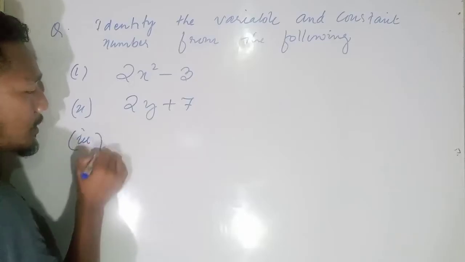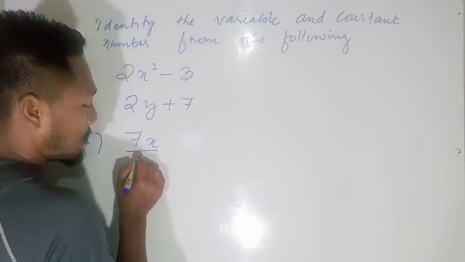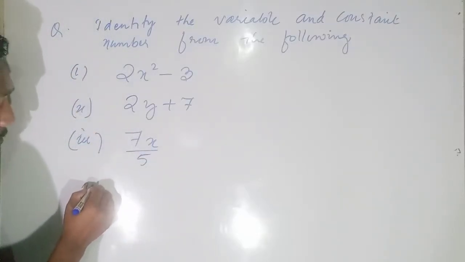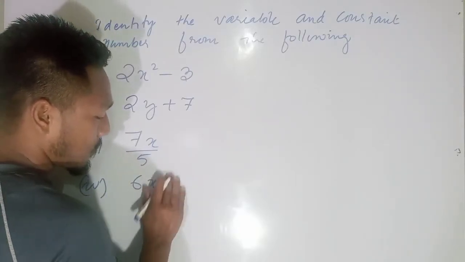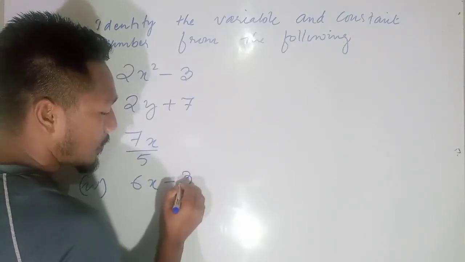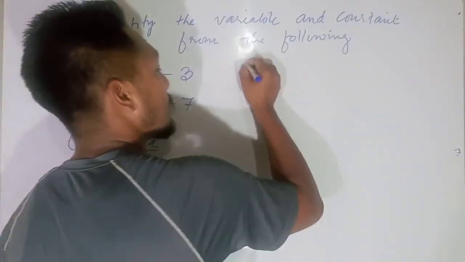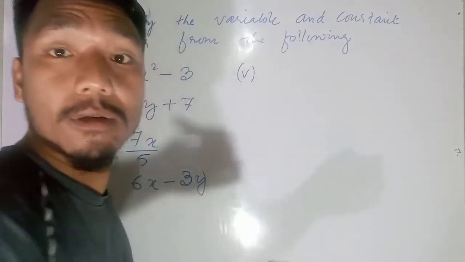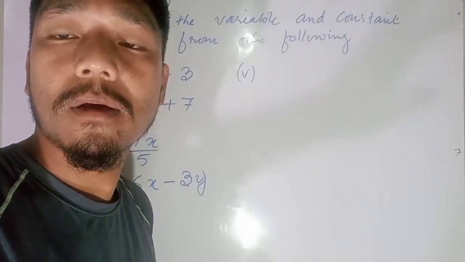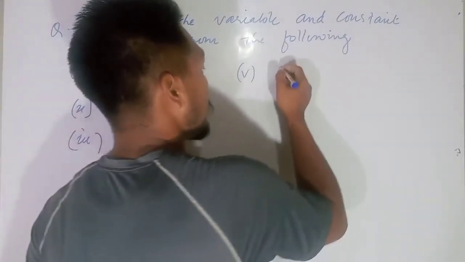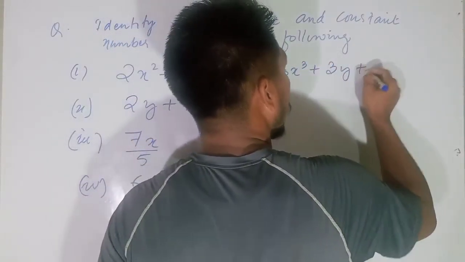Number 3: 7x divided by 5. Number 4: 6x into 6x minus 3 times y. Number 5: 6x cubed plus 3y plus 2.